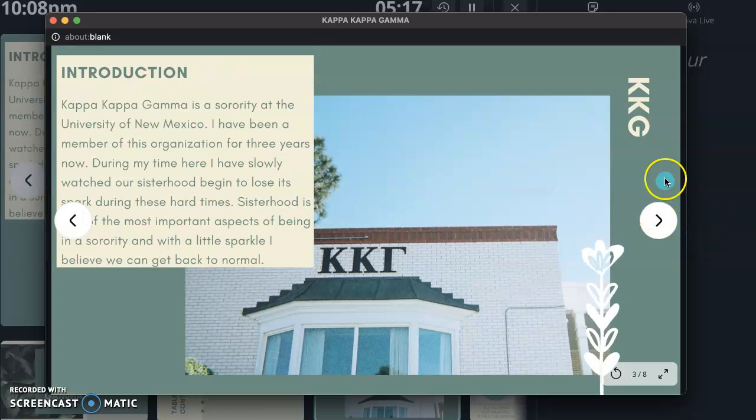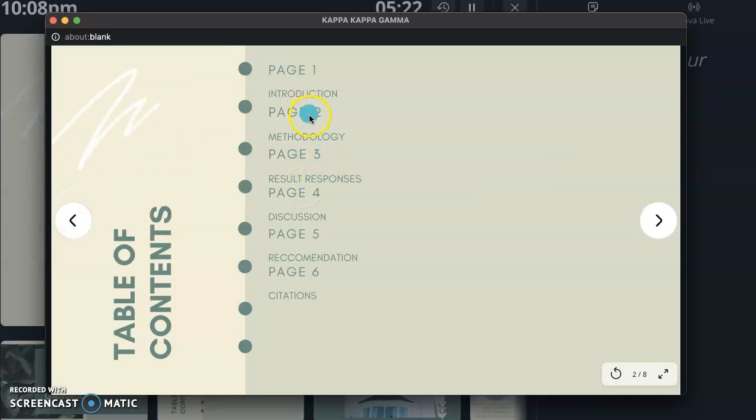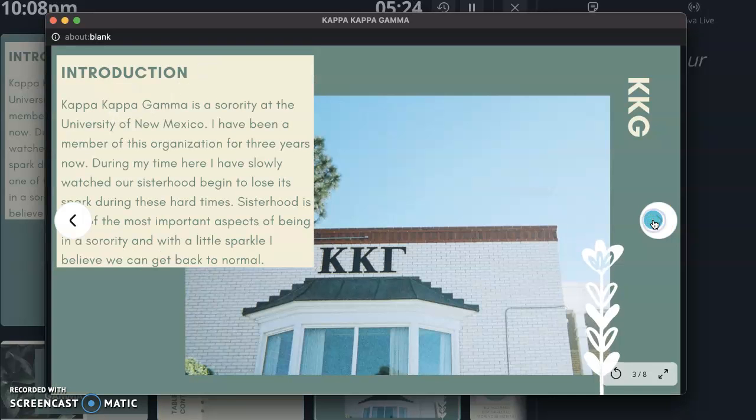And then once we go to the introduction, all the pages are numbered, so this will be page 1 here. And I'd also like to address the problems that I had with this at first, because the use of these squares sometimes would cover up my pictures.